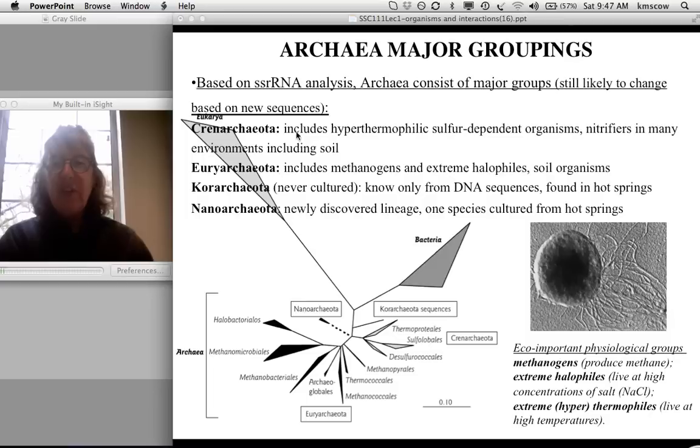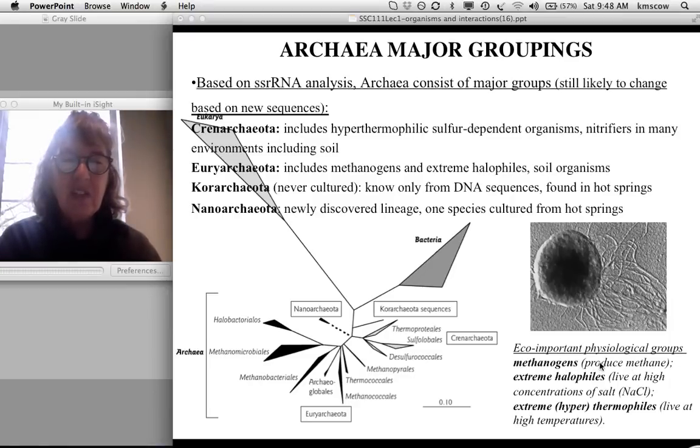We can also look at them not just based on their sequencing, but by their physiology. These are physiological groups, based on what they eat or the kinds of conditions they can survive, which are important to certain extreme soil conditions.